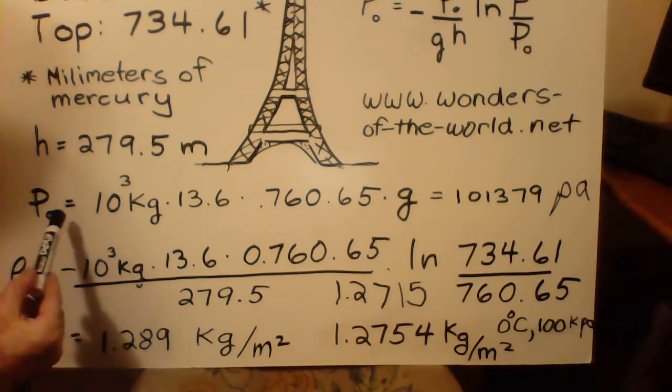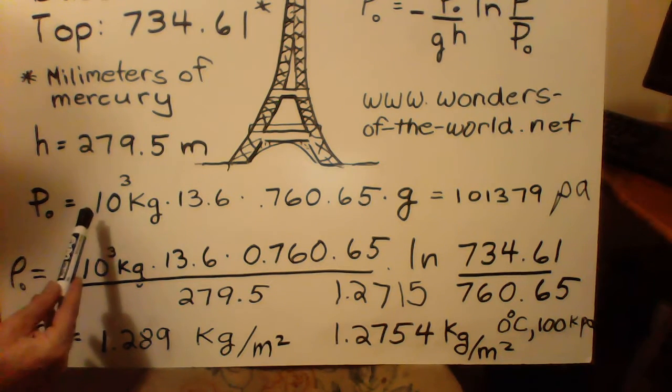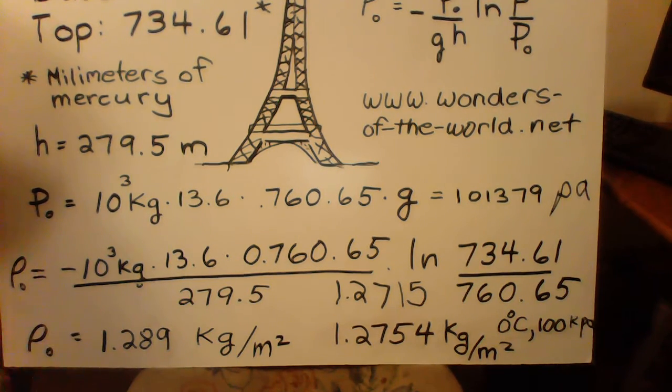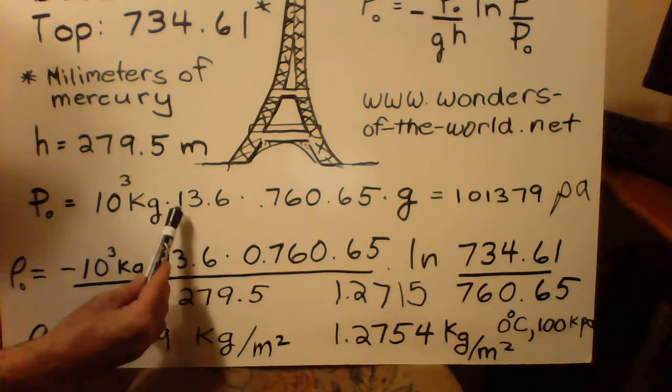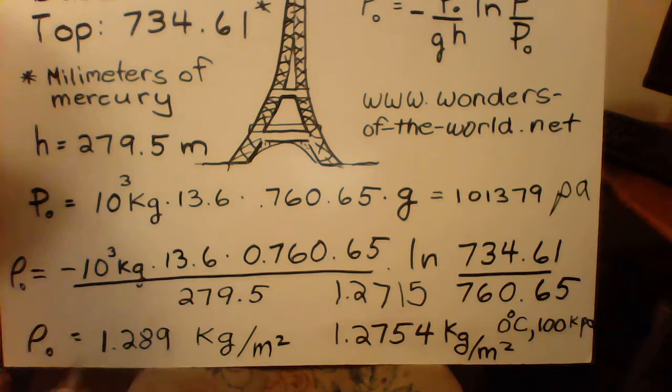What I've done here is I've tried to calculate the pressure for a meter cube first of water, and that's just simply 10 to the 3 kilograms in a meter cubed of water. Then I'm going to multiply that by the weight of mercury. In other words, if the cube was filled with mercury, it would be exactly 13.6 times that amount.